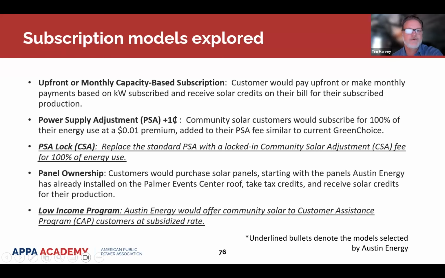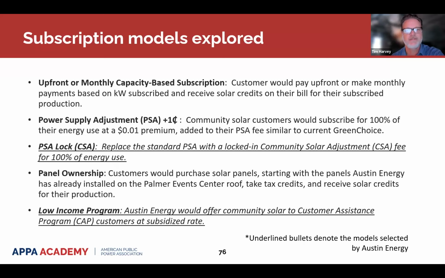The next one we looked at was just a straight adder to the power supply adjustment. So as the power supply adjustment goes up, then your community solar adjustment goes up as well. We have another program that's very similar to that, Green Choice. It's a wind program.